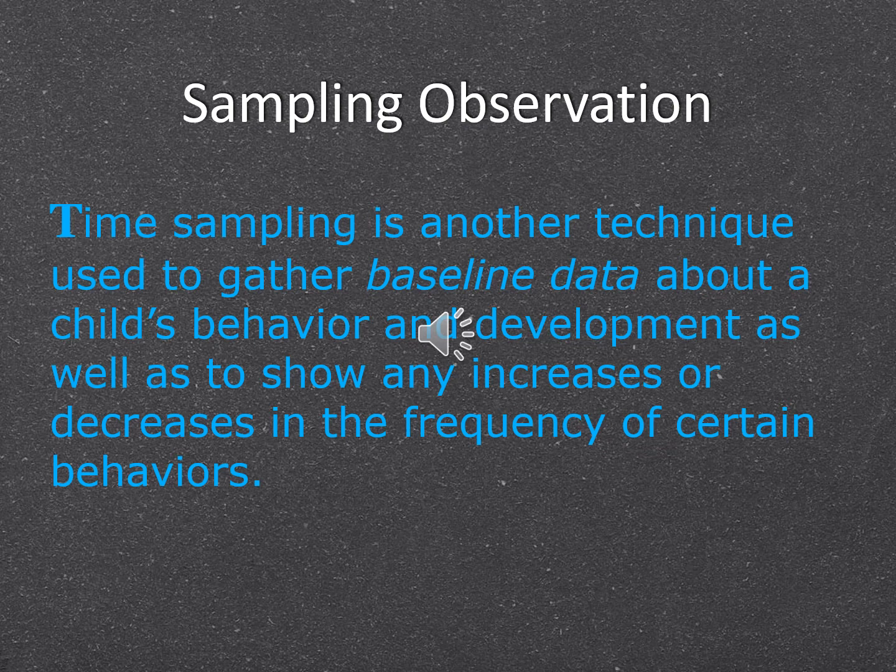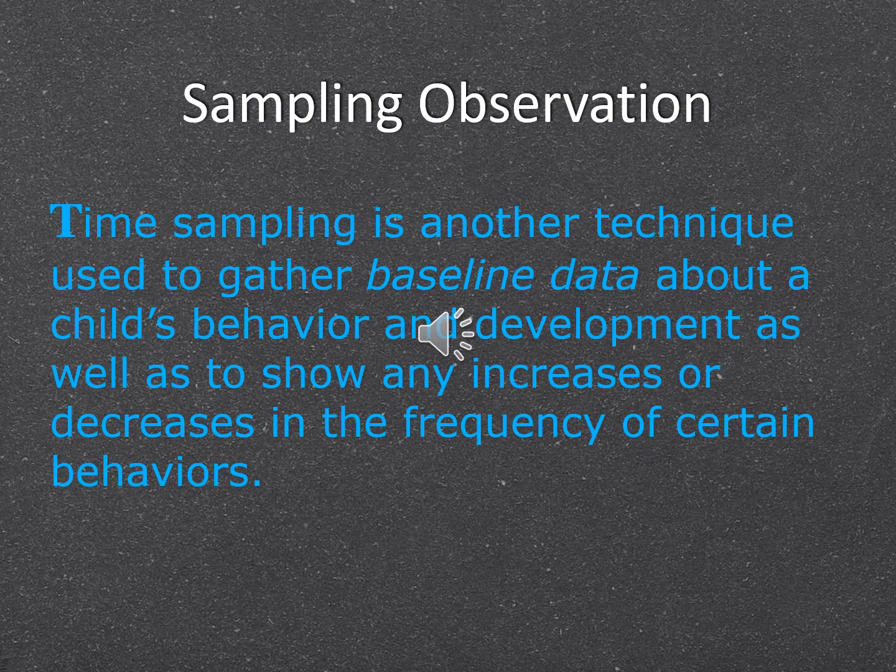Time sampling observation is pretty similar to the checklist, except that we're looking at specific times. So this type of observation is useful if you're looking for why certain behaviors happen at certain times of the day.